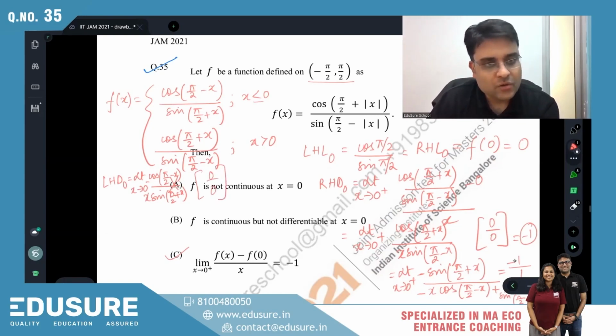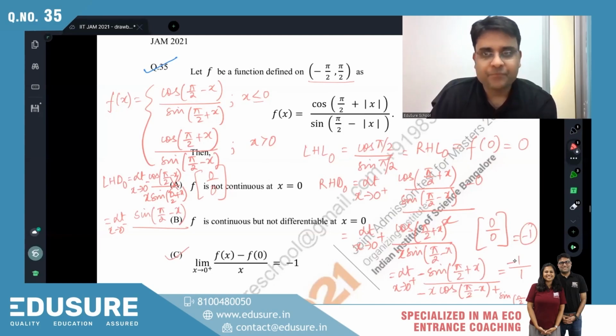तो अगर इसको L'Hopital यूज करें तो limit x tends to 0 minus, this will be the derivative of cos, which is sin, minus, so it becomes sin(pi/2 minus x), divided by x into sin(pi/2 plus x). The derivative is -1, इसलिए माइनस माइनस प्लस हो गया.